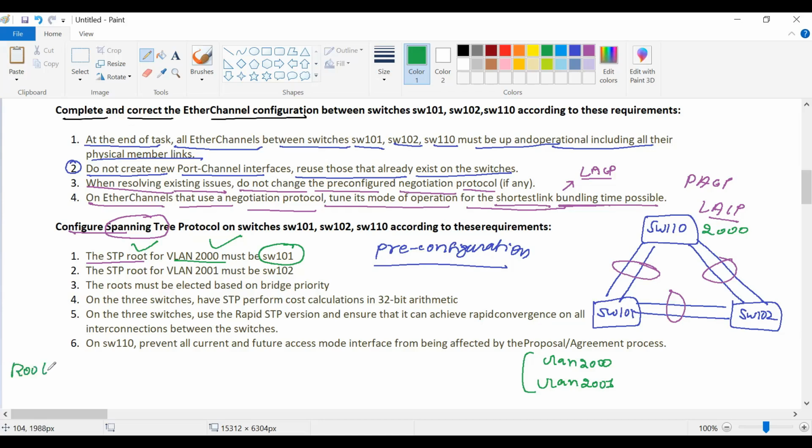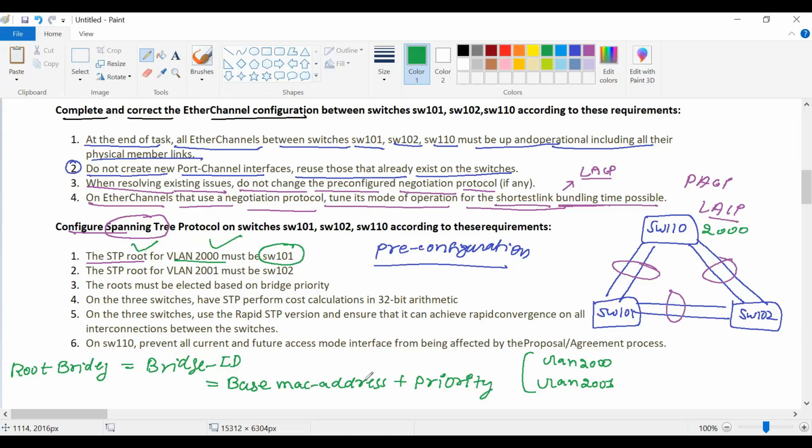You know that root bridge election is based upon the bridge ID. Bridge ID is a combination of base MAC address plus priority.